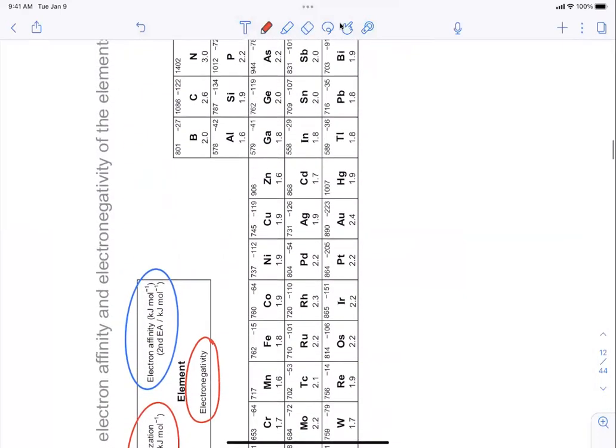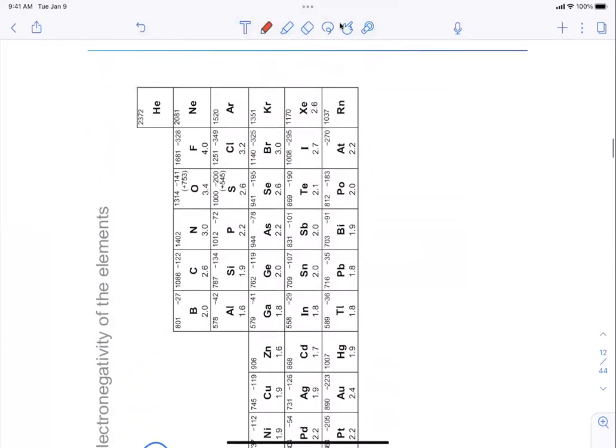First ionization energy, we'll write this up here in the blank space up here. First ionization energy is the first electron lost from a neutral atom. Okay. So the first electron that an atom loses makes it into a positive cation.